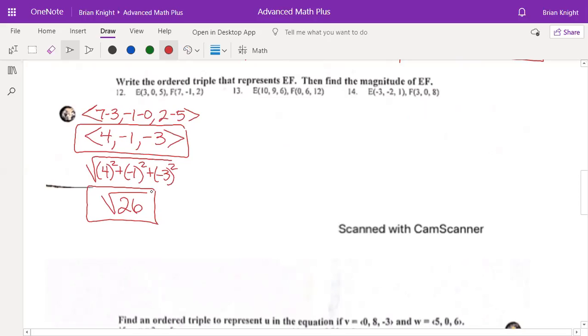It can be reduced to 2 and 13, but nothing repeats when you reduce it. So you just leave it as square root of 26. Say that again, Coach. It does reduce, if you can make it go to 2 and 13, but you have to stop there. And since nothing repeats, you just leave it as 26. Everybody good on 12?